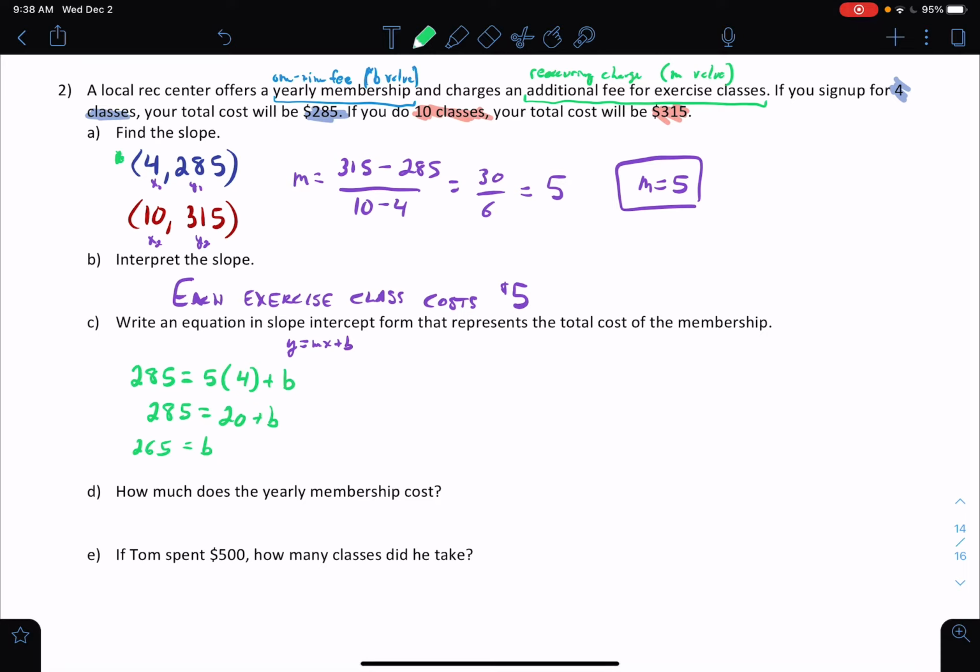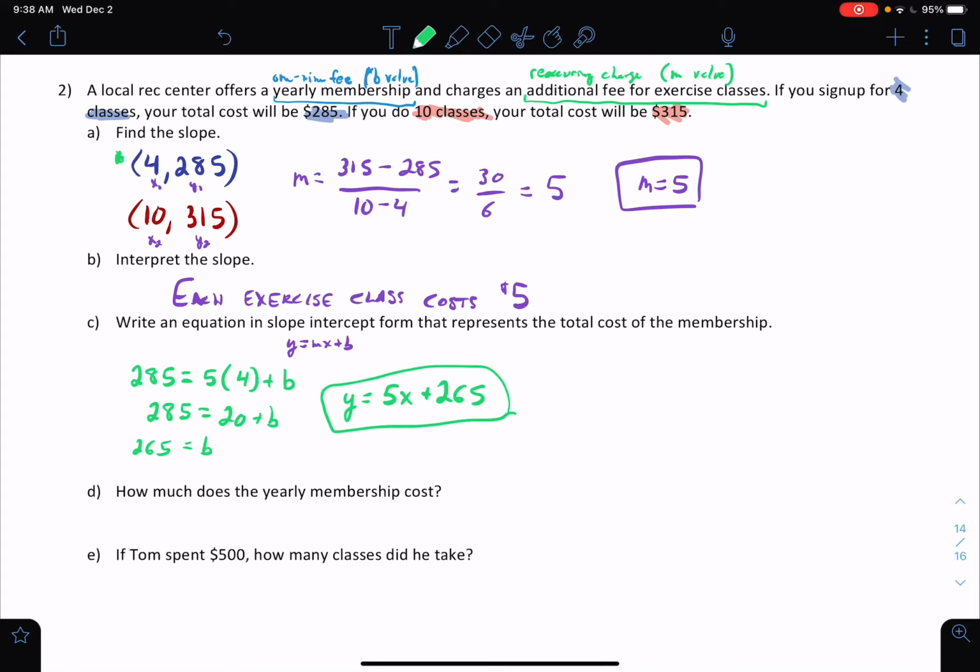So the general equation of the line is that my total cost represents my $5 per exercise class, so 5x, plus 265. There's the equation of the line.